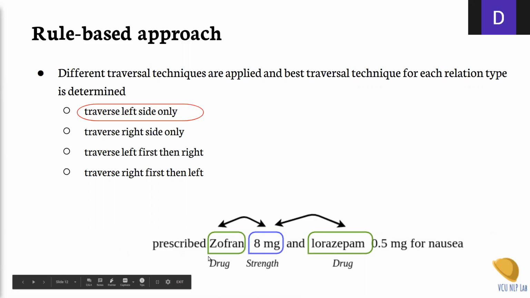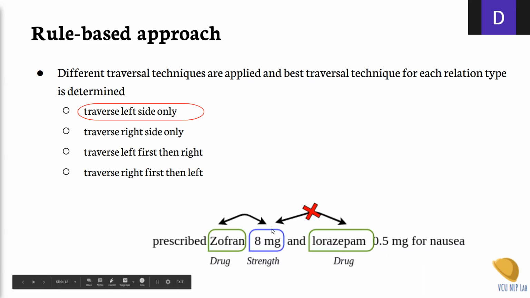The sentence: doctor prescribed Zofran 8 mg and lorazepam 0.5 mg for nausea. This contains a strength entity, 8 mg, and two drugs, Zofran and lorazepam. But the strength entity 8 mg has a relation with the closest drug, Zofran, but not with the drug lorazepam. And this is captured correctly during the left-only traversal.